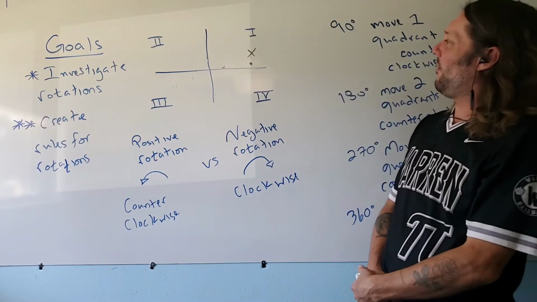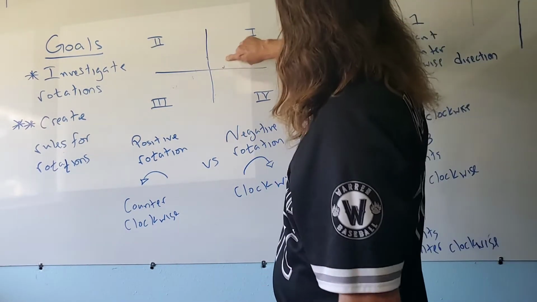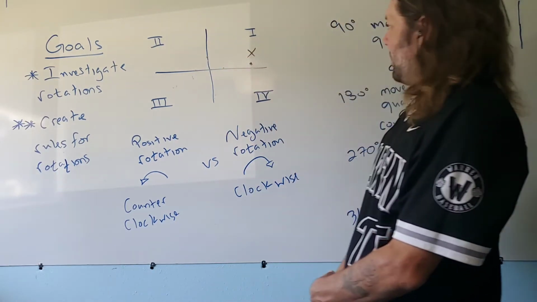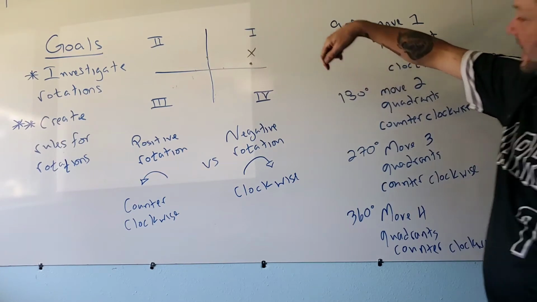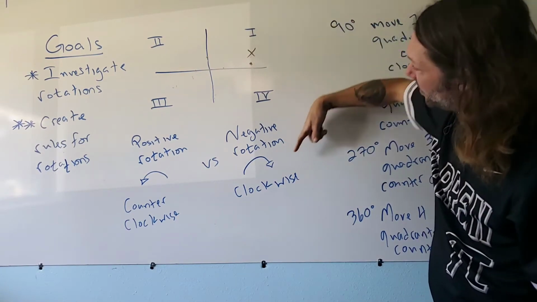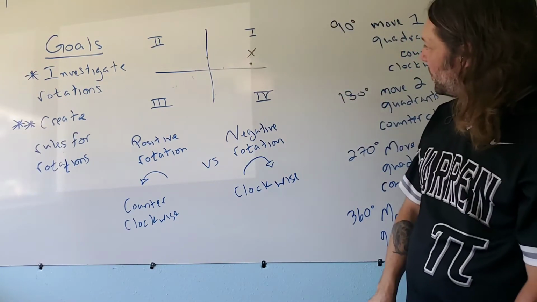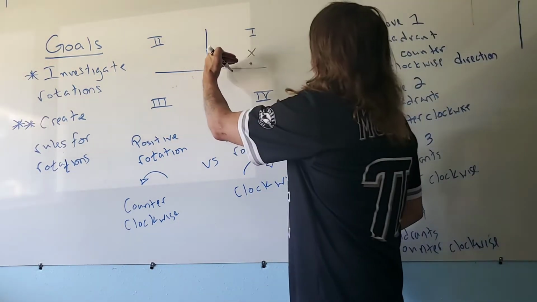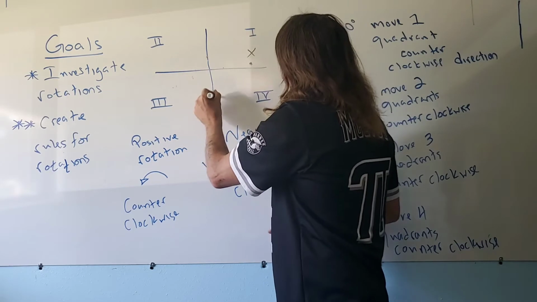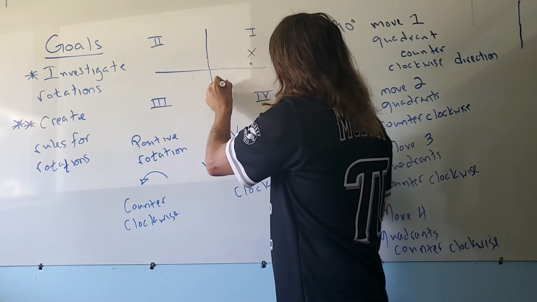Now, if I was to do a negative 90 degree rotation, I am going to move one quadrant, but in the clockwise direction. So if I was to go 90 degrees in the clockwise direction, I'm taking this and I'm spinning it down, I would actually end up right here.